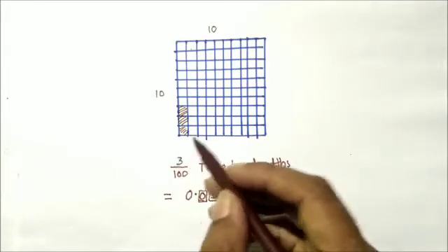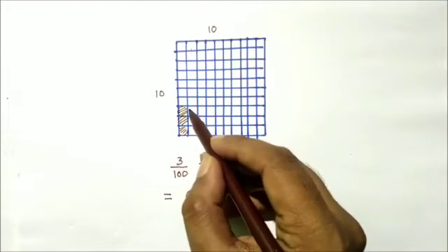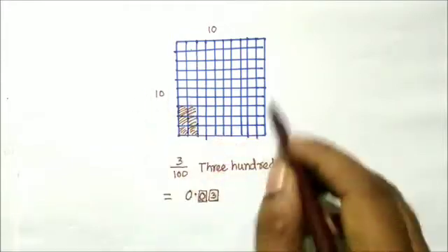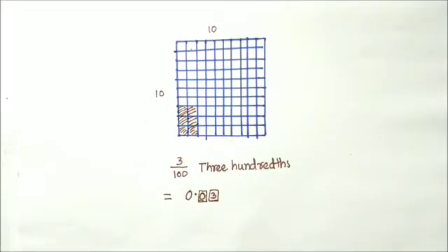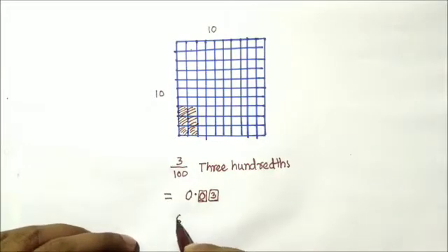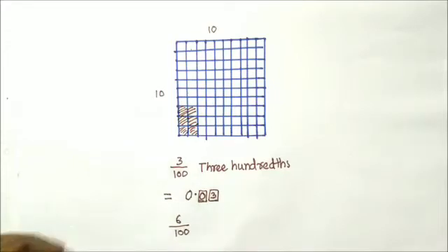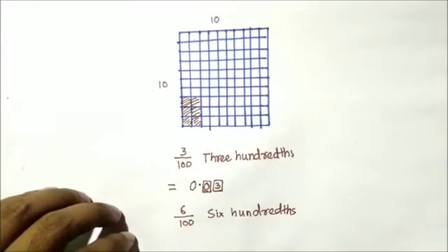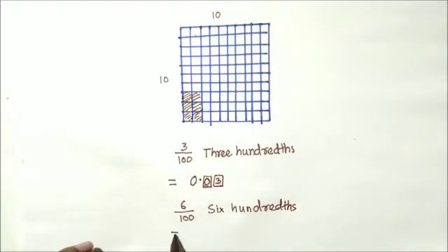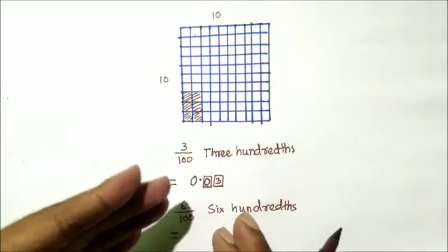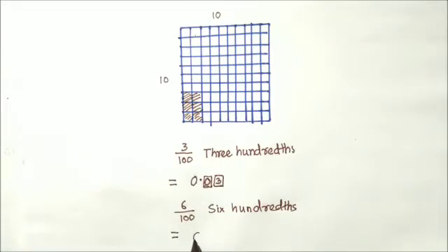Now you will give me the answer. In total how many boxes are colored? Exactly 6 boxes are colored now. So can we write 6 by 100? Correct. This can be read as 6 hundredths, and it can also be expressed using the decimal point in this way.